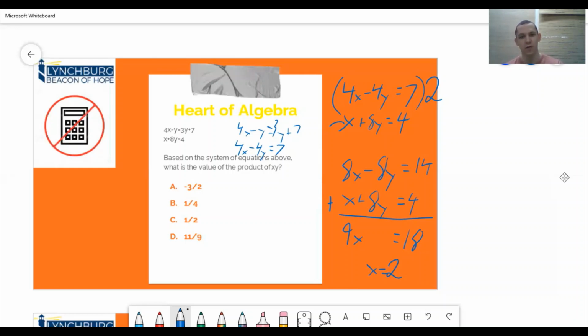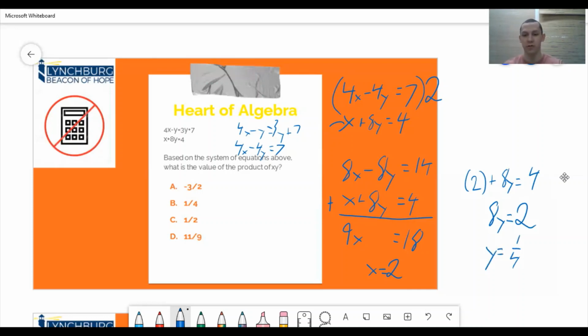Since there's no coefficient in front of x on the second equation, I'm just going to use that. So I'm going to plug in 2 for x plus 8y equals 4. So now we have this. I'm going to subtract 2 from both sides, and then I'm going to be left with 8y equals 2. So y equals 1/4.